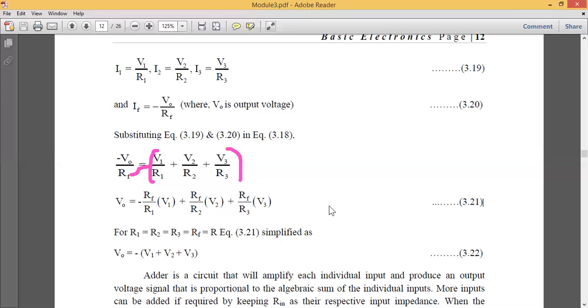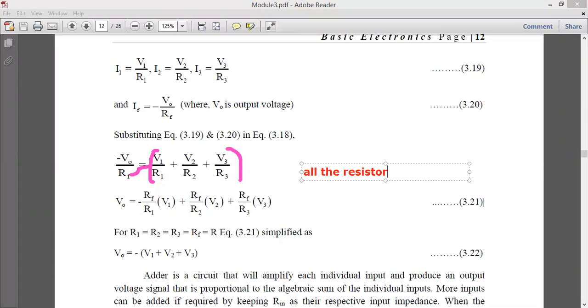Fine. Then let us consider the calculation here as all the resistors are the same, equal to R. All the resistance means R1 is equal to R2 is equal to R3 is equal to RF.